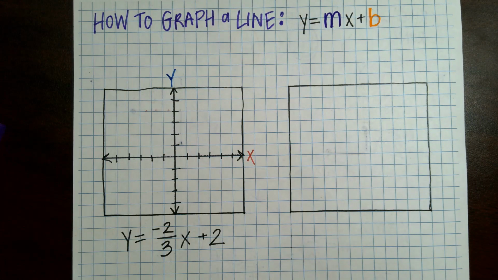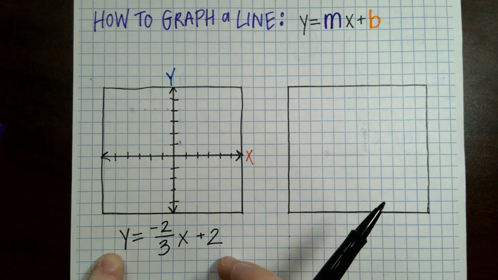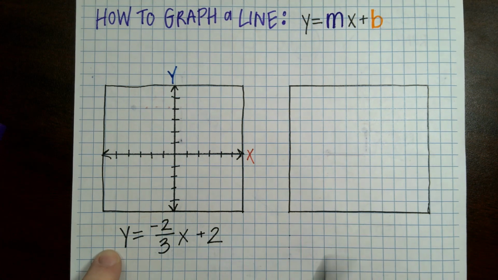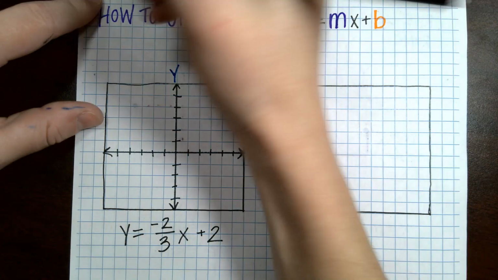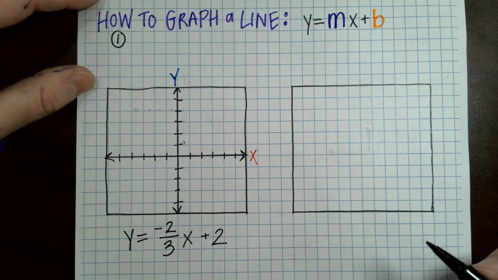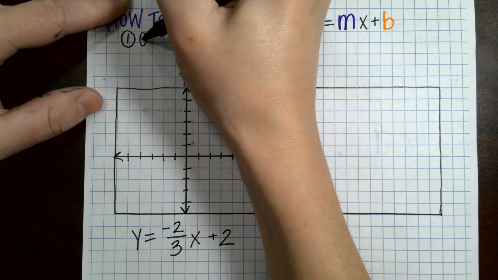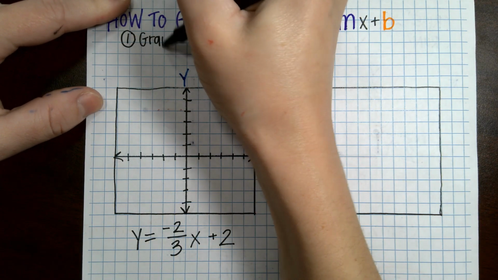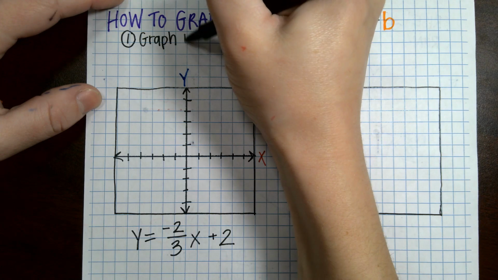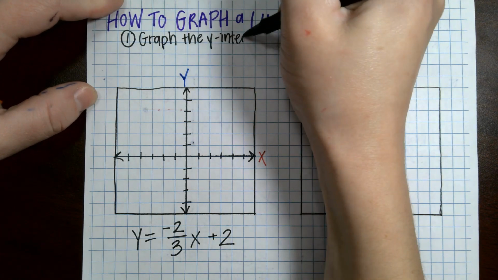All right. So whenever you are given an equation in slope-intercept form, that's y equals mx plus b, the first step is to graph the y-intercept. So we're going to write that for step 1. Graph the y-intercept.